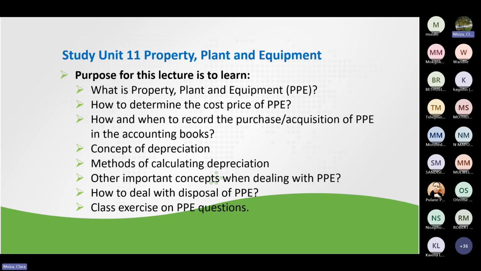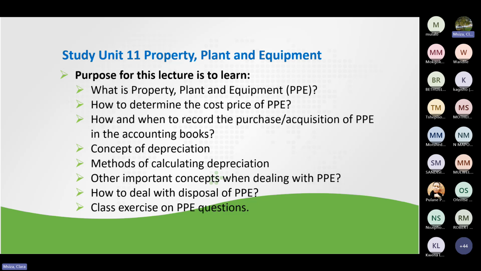We'll also discuss how to determine the cost price of PPE, how and when to record the purchase or acquisitions of PPE in the accounting books. Concept of depreciation, methods of calculating depreciation, other important concepts when dealing with PPE.